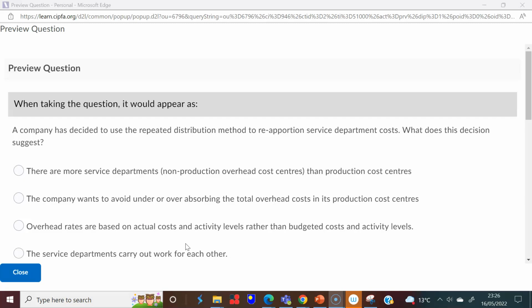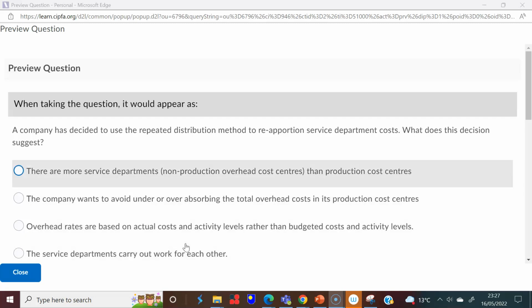So specified order of closure. And all those three methods had scenarios where the service departments carried out work for each other. That was why we were using these ideas. So repeated distribution literally keeps on reducing the costs, sharing it and then resharing it and then sharing it and then resharing it between the service departments until it eliminates all of them.